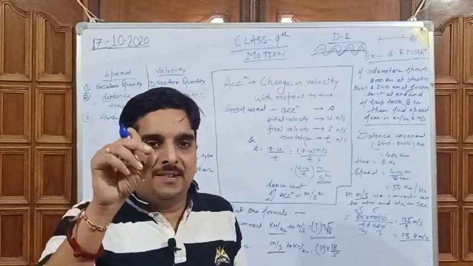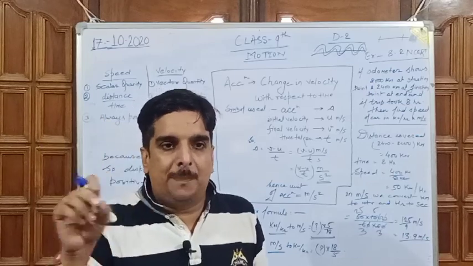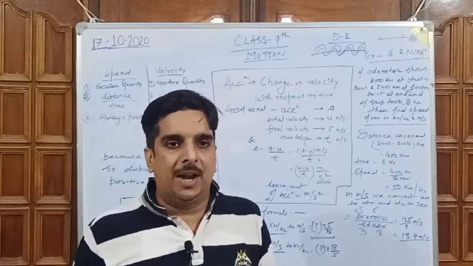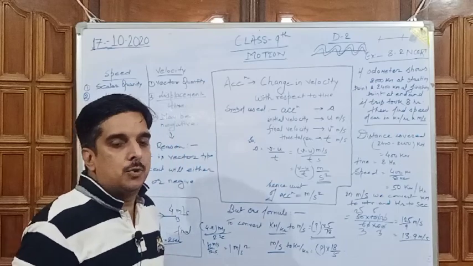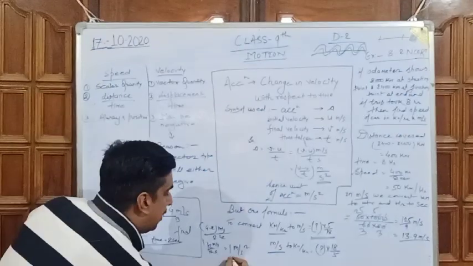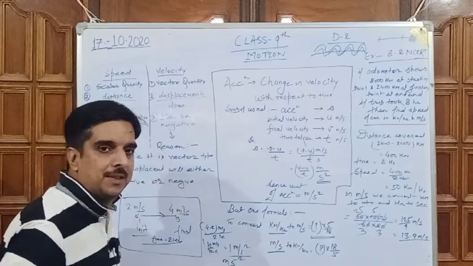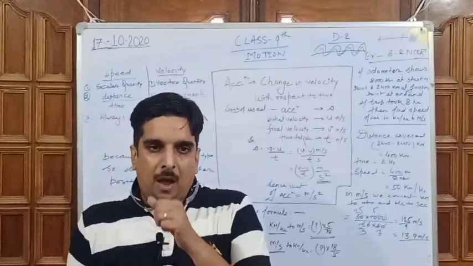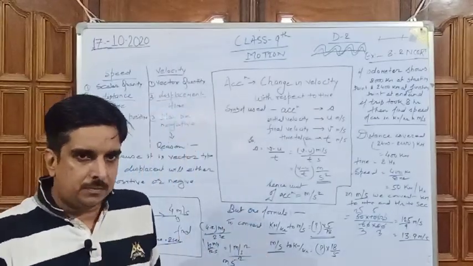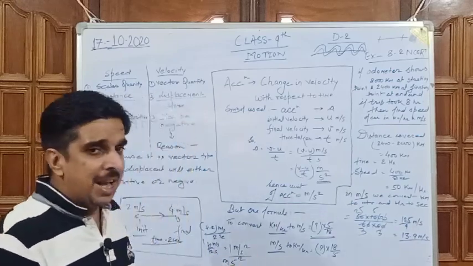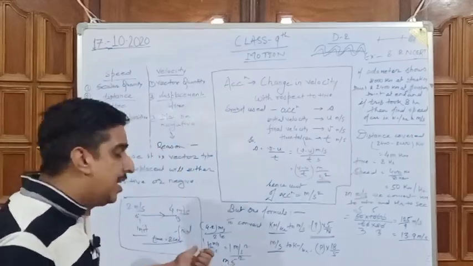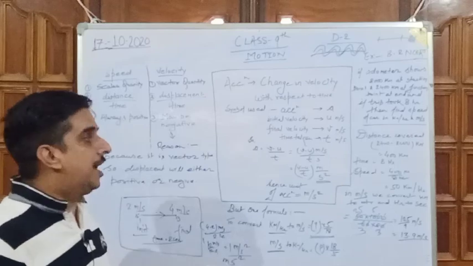So meter per second divided by second is meter per second square, ms to the power minus 2. We will write meter per second square as ms minus 2 also. So this is the unit of acceleration, and this is the method for calculating acceleration.